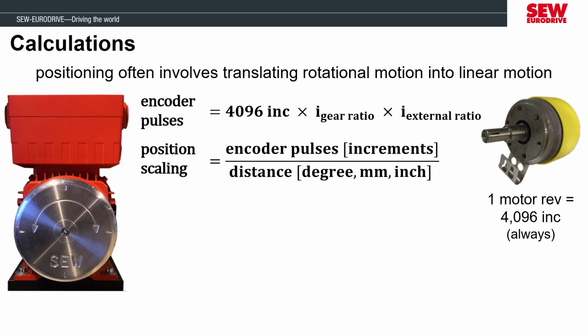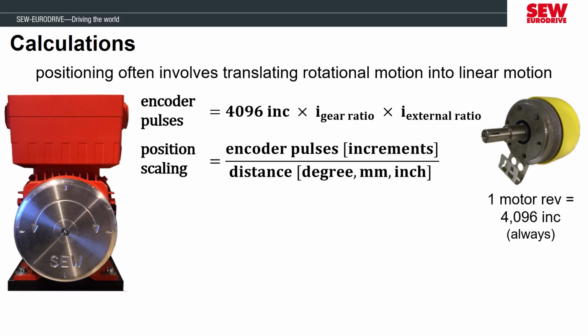For example, if the equipment is too complex to determine all of the gear ratios and wheel or pulley diameters, we could use a manual move between point A and point B of the application to determine the numerator and denominator for this position scaling equation. We would first record the starting encoder pulses that are shown in the MOVIDRIVE at point A. Then we can manually move the equipment to point B and record the ending encoder pulses that are shown in the MOVIDRIVE.